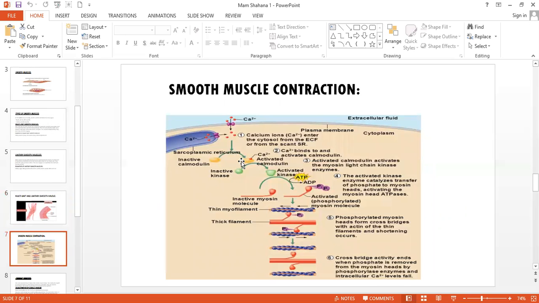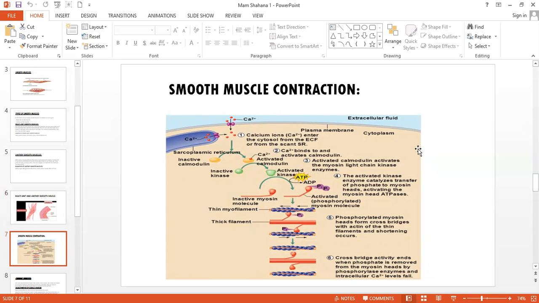In slide 7, we talk about smooth muscle contraction, and how it occurs. First, calcium ions enter the cytosol from the extracellular fluid. These calcium ions bind to and activate calmodulin.